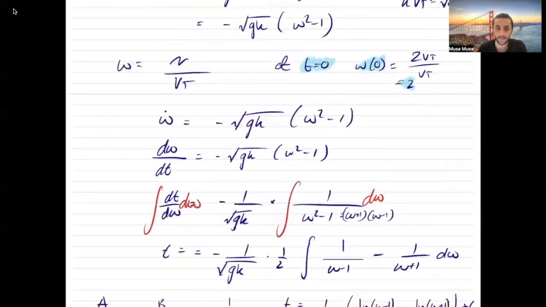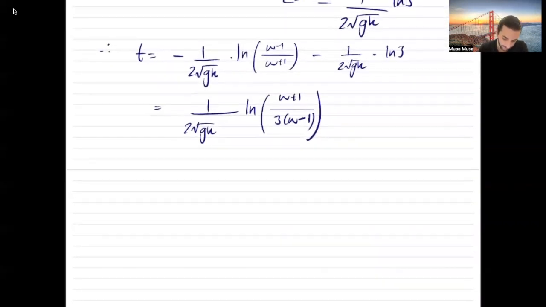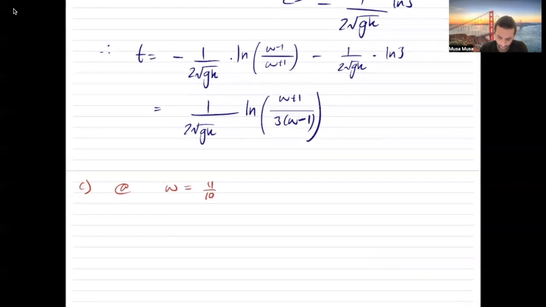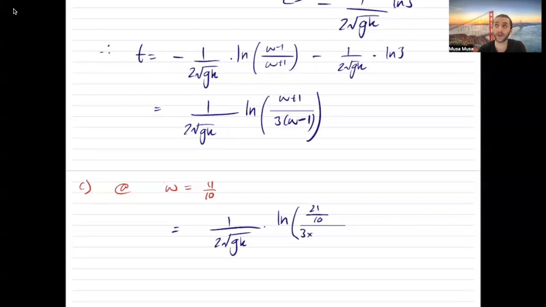So let's just sub that in. 11 on 10 plus 1 is 21 on 10, over 3 times (11 on 10 minus 1, which is 1 on 10). Just by simplifying this, we get 7.